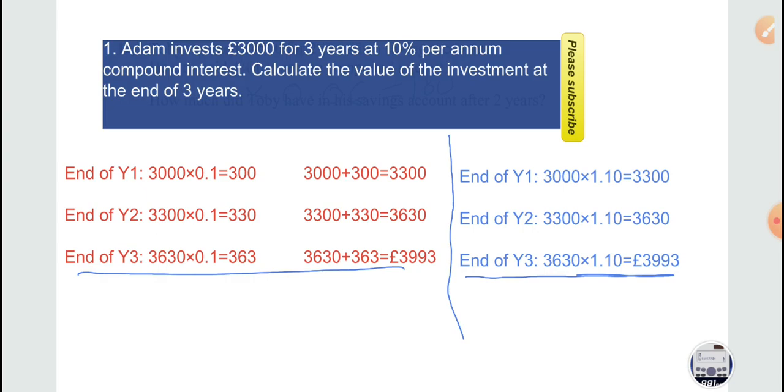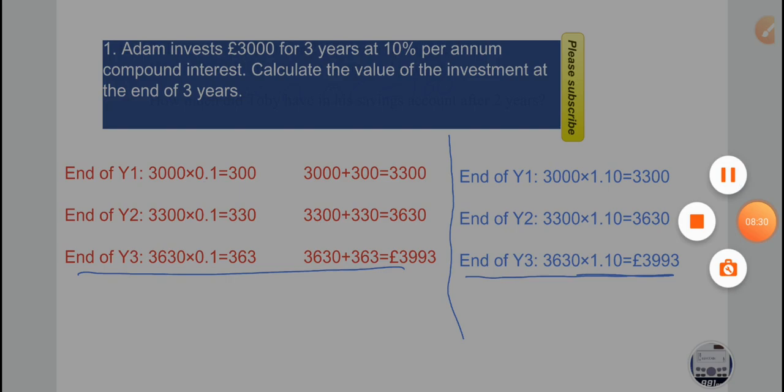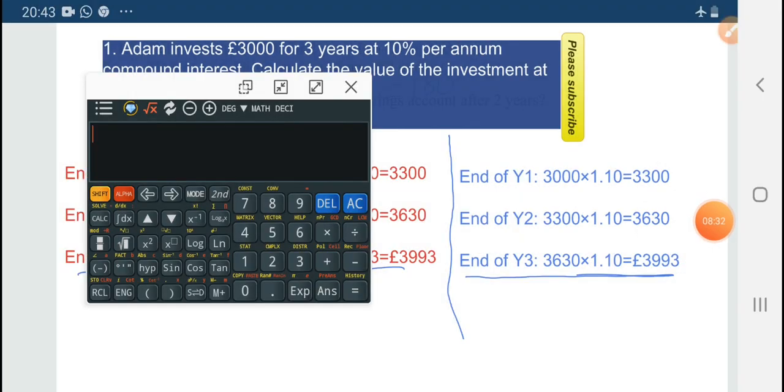Now it just happens to be that there is actually an even faster way of doing this, and to show you this I wanted to use the calculator. So on my calculator, first we will type in the original amount that we invested, which was £3,000 at the beginning of the year.